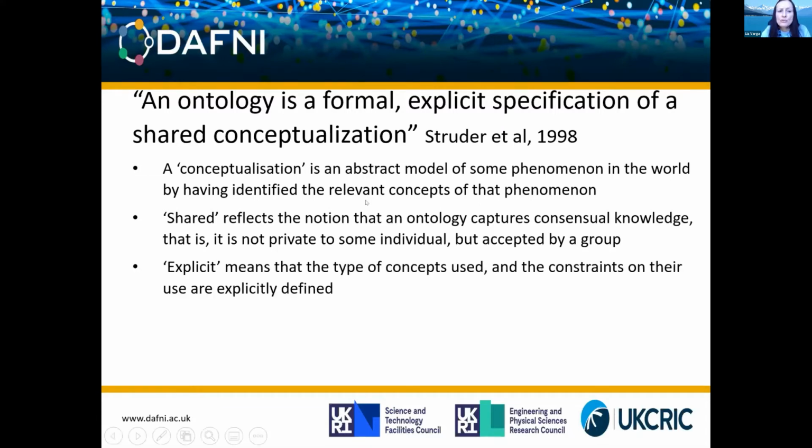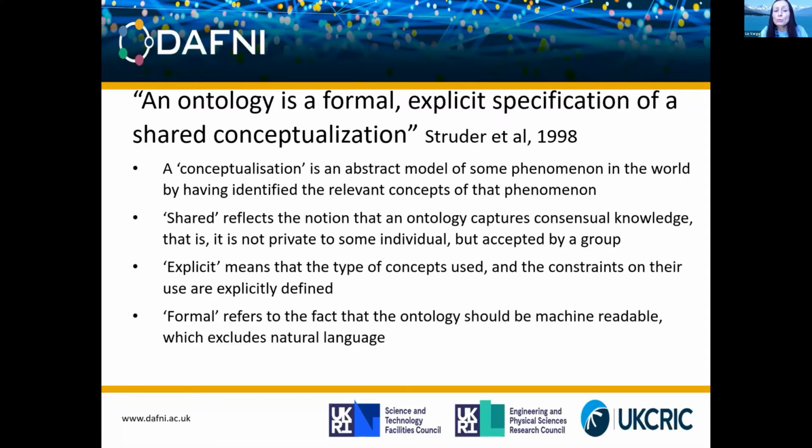In terms of the explicit, so we have a formal explicit specification. Explicit means that we have constraints on their use. We describe what's in scope and what's not. So we have a very explicit constrained definition of what they can do. Now, formal also means that it's machine readable.